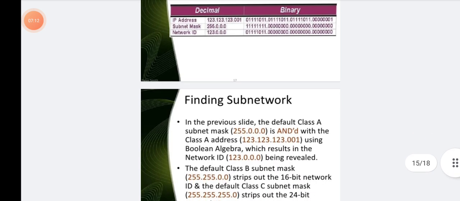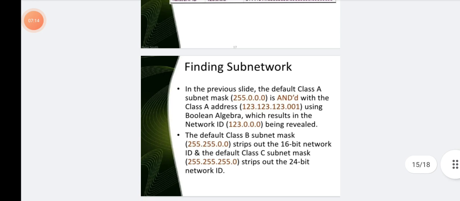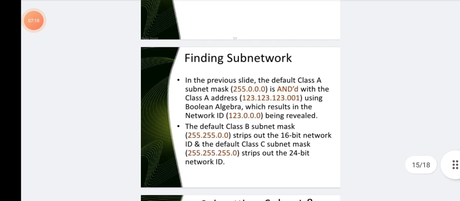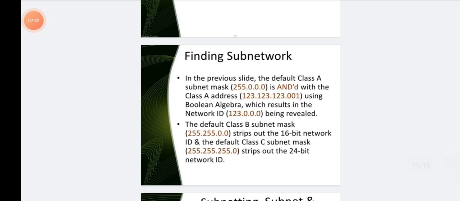Finding the subnet network. In the previous slide, the default class A subnet mask 255.0.0.0 is ANDed with the class A address 123.123.123.001 using Boolean algebra, which results in the network ID 123.0.0.0 being revealed.